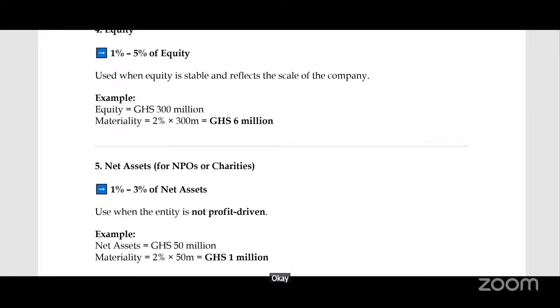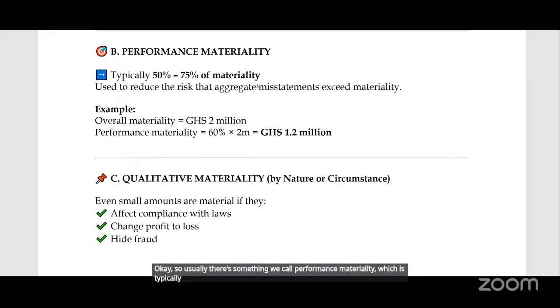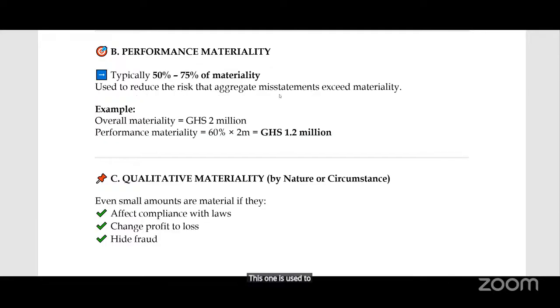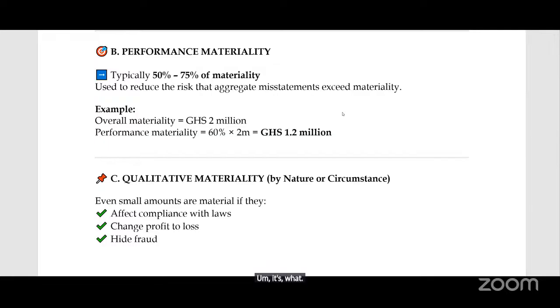Okay, so usually there's something we call performance materiality, which is typically 50 to 75% of materiality. This one is used to reduce the risk that aggregate misstatement exceeds materiality. So let's say the debtors figure I told you is 3 million. It's below materiality. But if I take 75% of my original materiality, is it up to that?